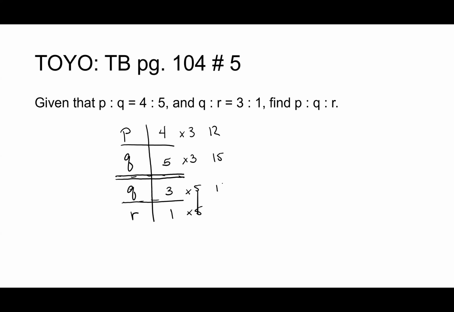Yeah, hold on. Let me catch up with you. Okay, all right. And then you got P to Q to R is, go ahead. 12 to 15 to 5. Nice job. Okay. Any questions on that one? No, ma'am. Okay. All right, let's move on.